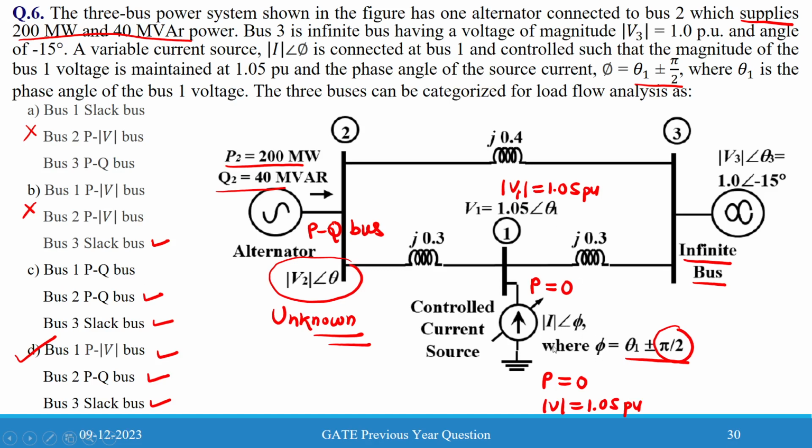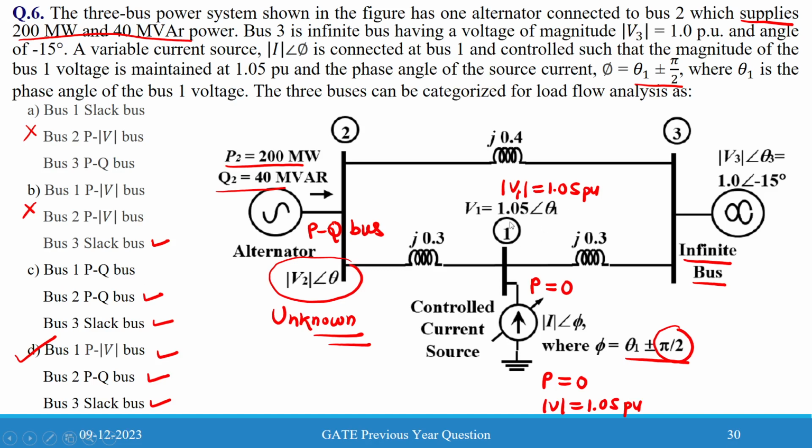Is bus 1 the slack bus, because angle and voltage are specified? Angle is theta 1, but the theta 1 value is not given. It should be a defined value, it should not be a variable. So it is not the slack bus.